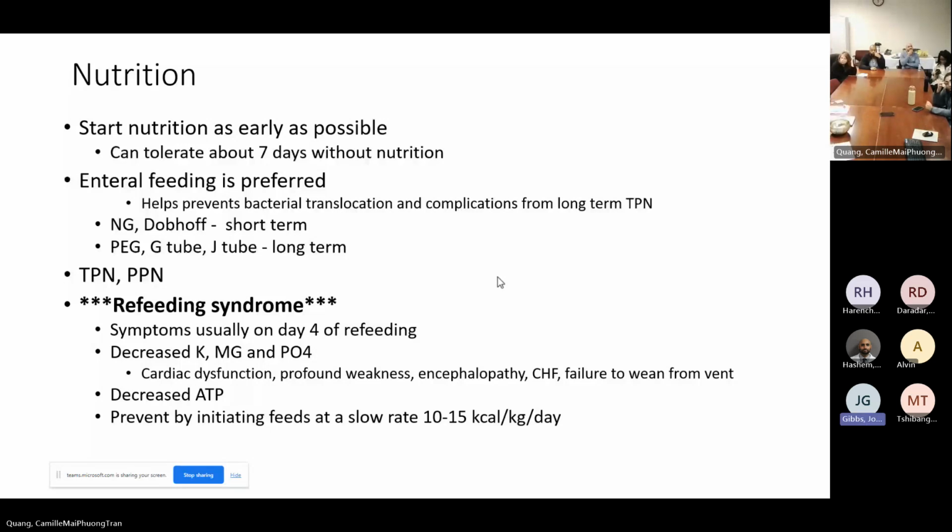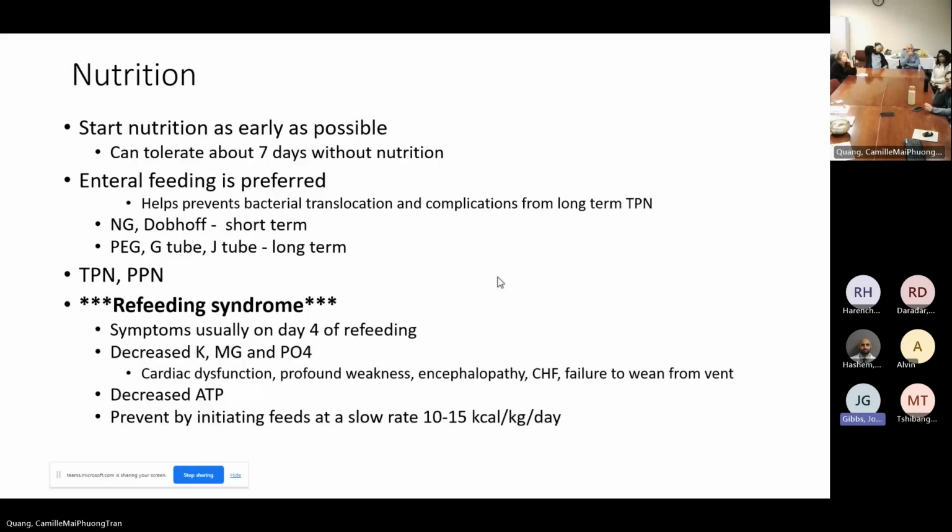You want to pay attention to the potassium, magnesium, and phosphorus. Sometimes you're getting BMPs as often as every 4 hours and repleting, because you can cause cardiac dysfunction, profound weakness, encephalopathy, congestive heart failure, and failure to wean from the ventilator.